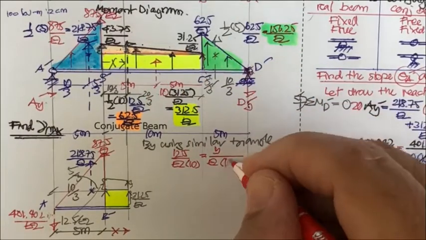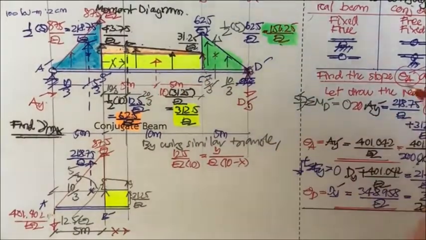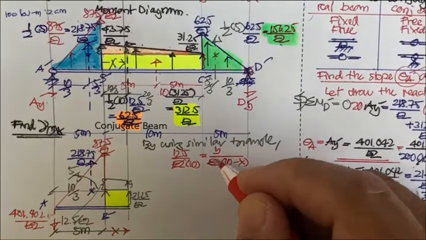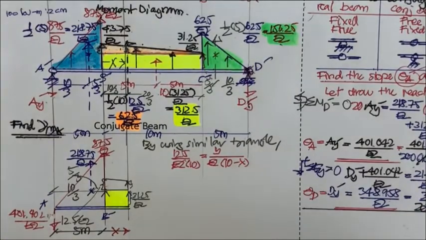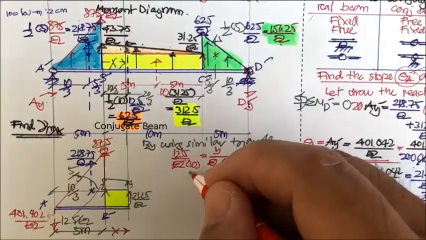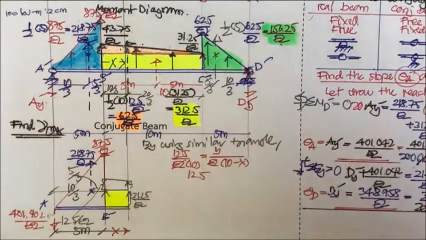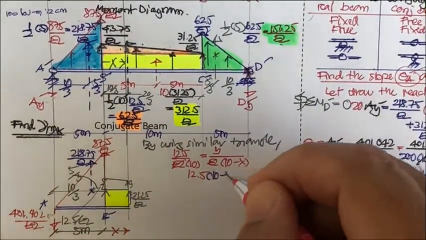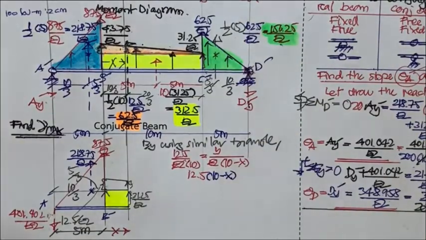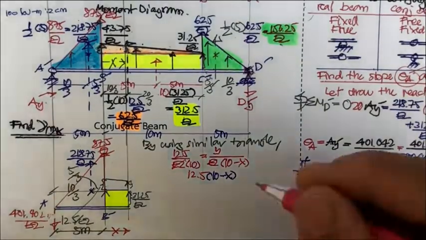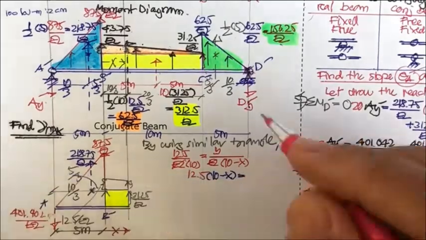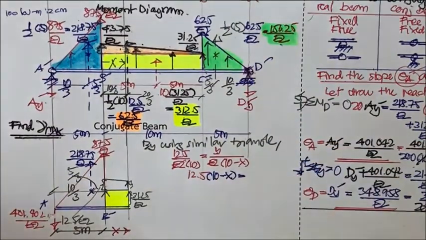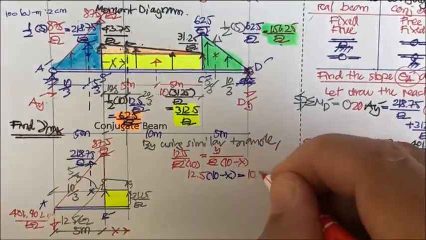You may cancel this and this. And then you may expand the equation into 12.5 times 10 minus x, and it's going to equal to y times 10. So it's equal to 10y.